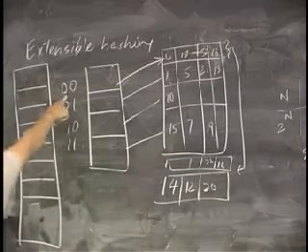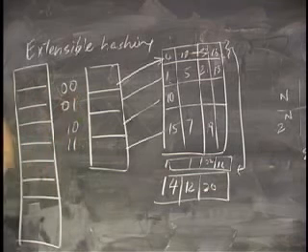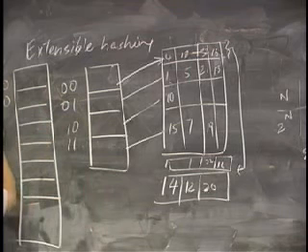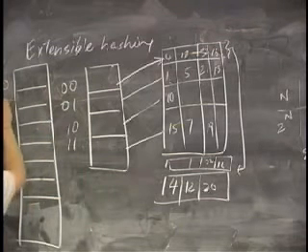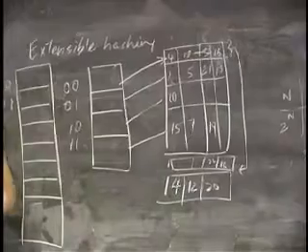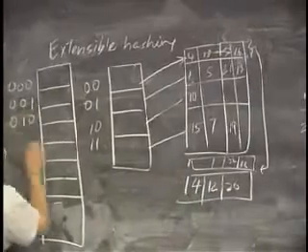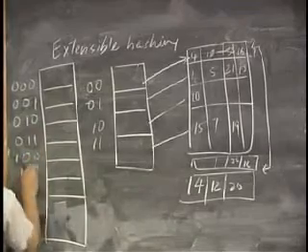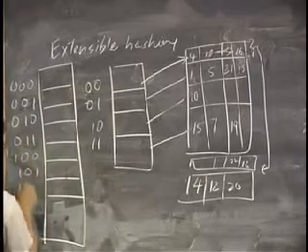Okay. What we will do is we will say 0 0 0, 0 0 1, 0 1 0, 0 1 1, then 1 0 0, 1 0 1, 1 1 0, 1 1 1.